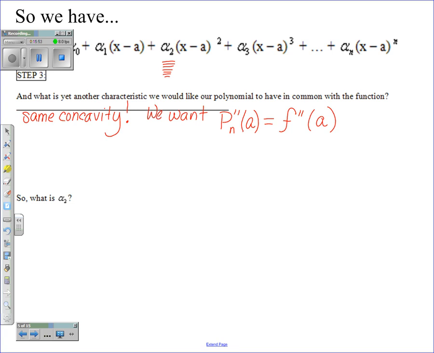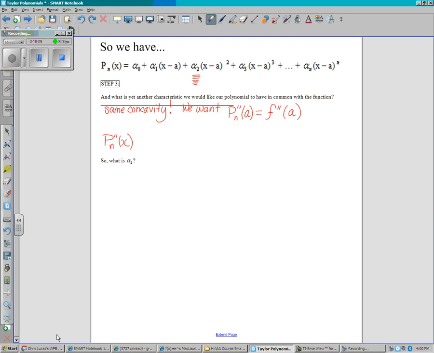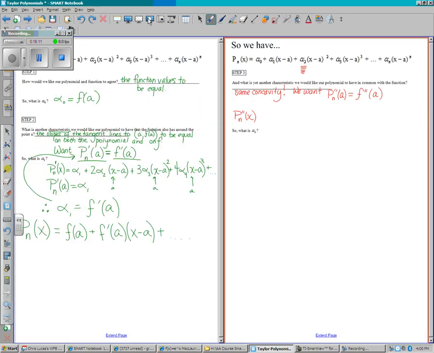All right, so now we need what the second derivative is, at x first, then we'll evaluate it at a. Let's split the screen. There is my first derivative right there.